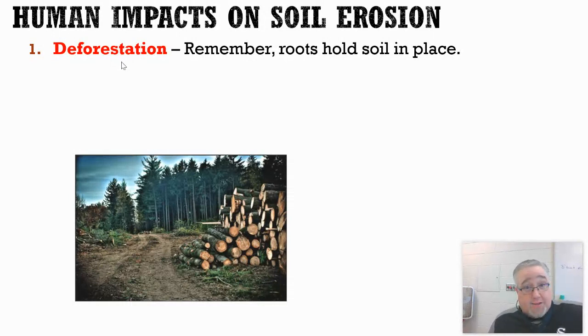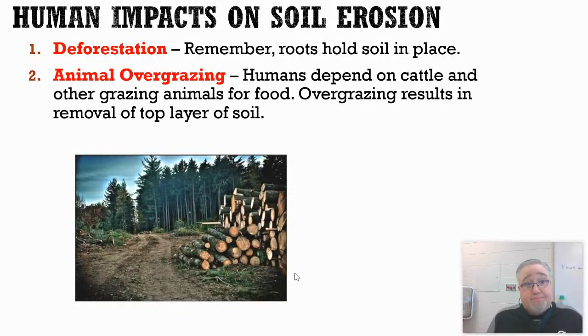Humans remove trees, and remember, roots hold soil in place, especially those top layers like the O and the A horizon. So when we remove trees, the soil is very loose and it can easily erode and move somewhere else. All right, so that's a human impact.